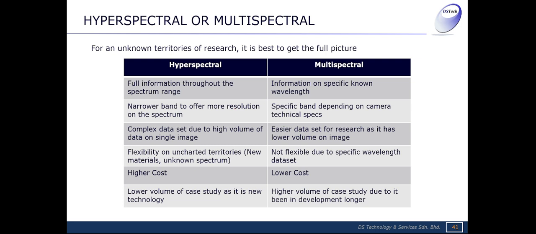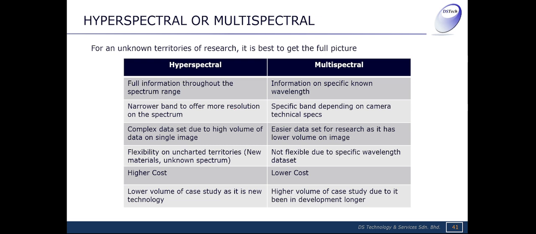And well, this is because of a few different things. I would say if you already know what you're doing, for example, you are venturing out and you already know that your specific molecule or your specific compound reacts at certain wavelengths, it's generally a good idea to go with the cheaper version, which is multispectral.